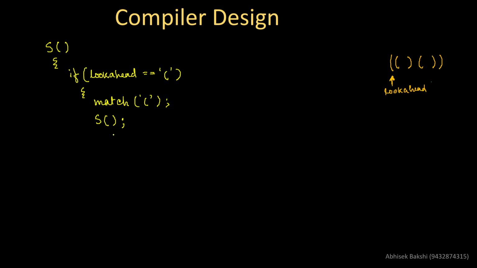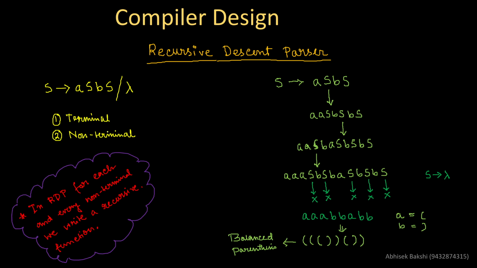When the control comes back to the function, after exploring the whole thing that I get through S, for example this S, I've explored this one. After exploring the whole thing, the control should come back here, and definitely there should be a B. If there is no B, then it is a problem.